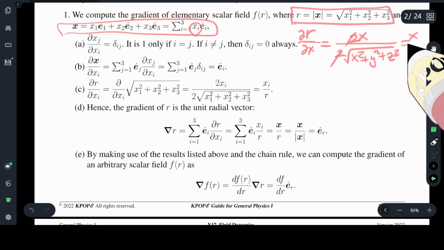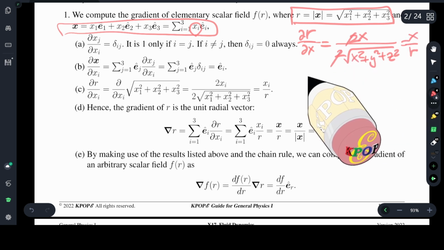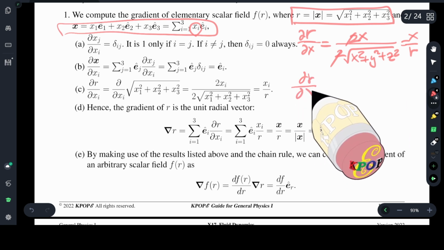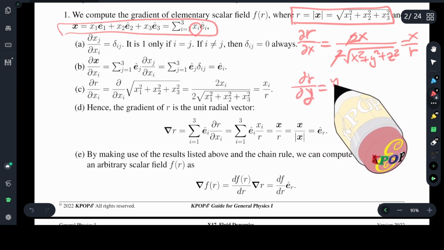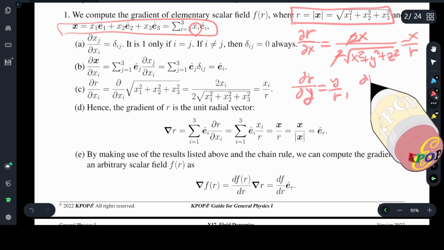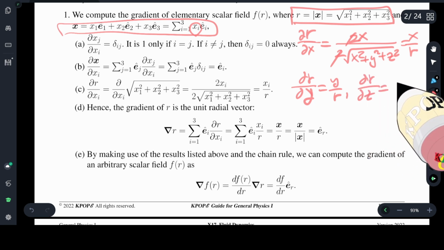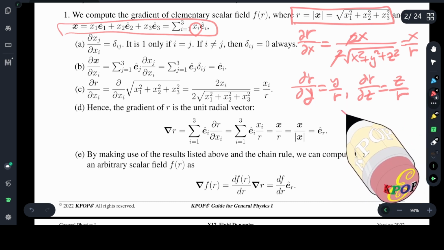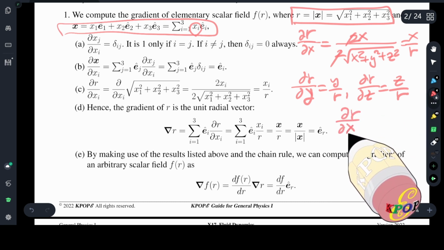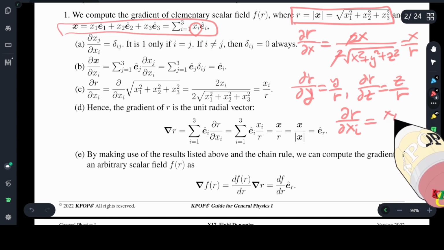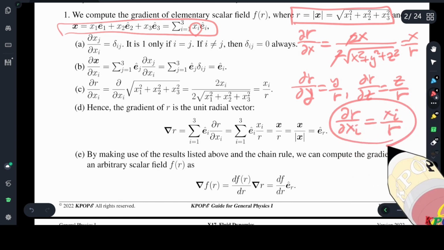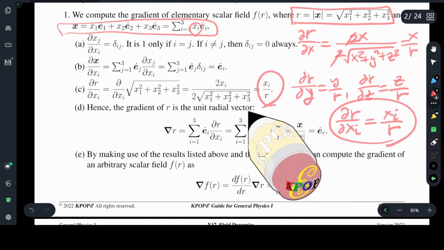So it is x over r. In a similar manner, r's y derivative is y over r, and r's z derivative is z over r. Therefore, r's x_i derivative is x_i over r, as it is.